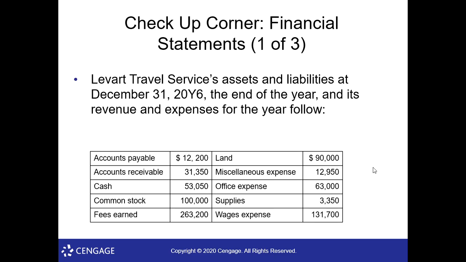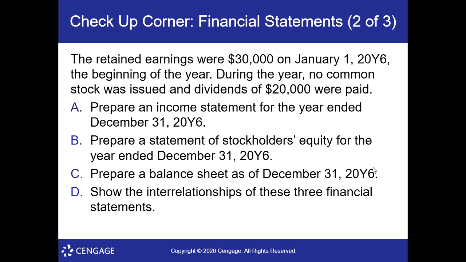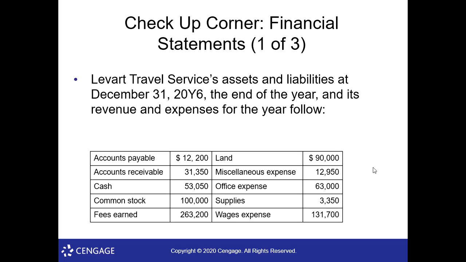All right, so we have a checkup corner here. Lever Travel Services assets and liabilities are listed below, and they're as of the end of the year. And then the revenue and expenses for the year are also listed here.